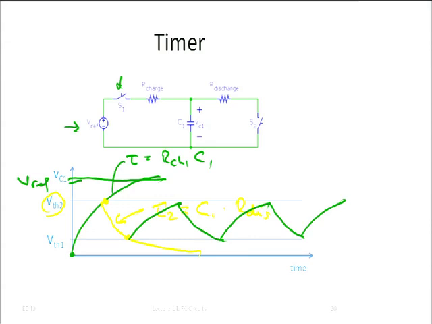I often find that confusing, and in order to get around that, I say, well, while I'm in the charging phase, then switch S1 is closed. Switch S2 is open. Really, the circuit is much simpler. It's just Vref, R charge and C1. And R discharge and these two switches really don't matter at all.